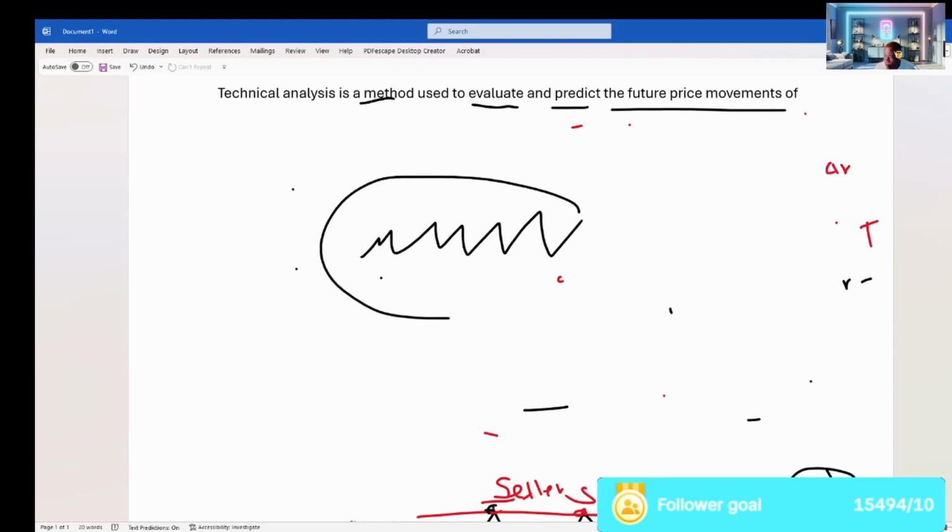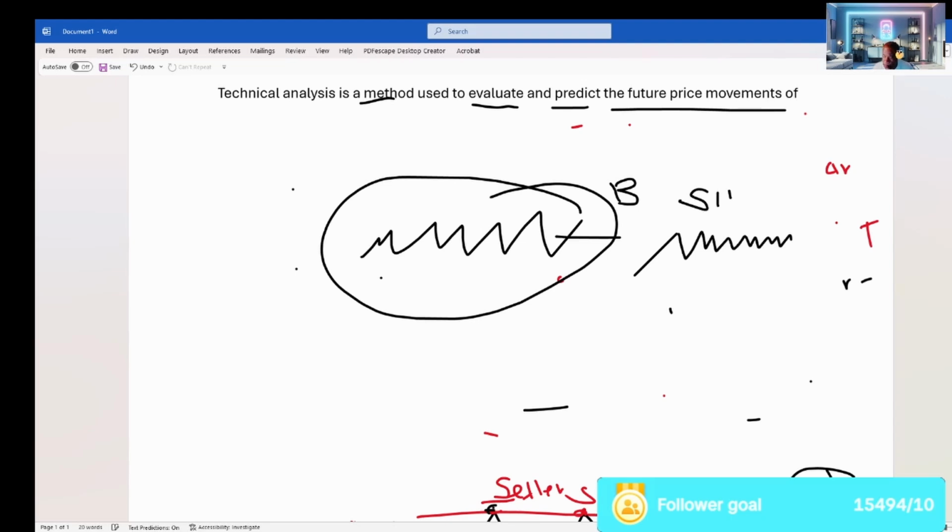Whenever a stock is going sideways like this, that's a dangerous place to buy. If you don't know what you're doing, don't ever buy there, because it doesn't go higher or lower. If you don't know how to trade or your technical analysis very well, sideways is the worst place to get in, because you don't buy from sideways.